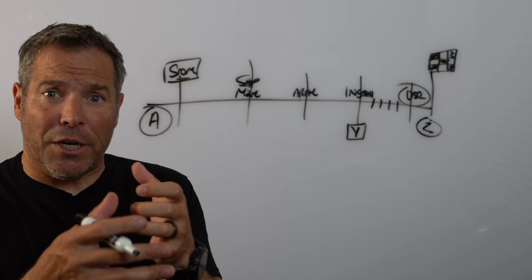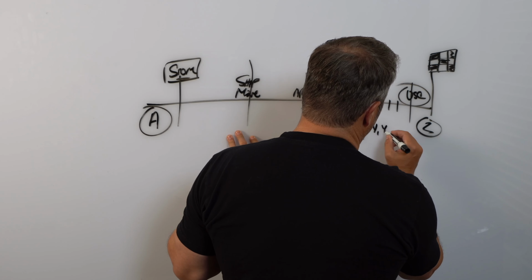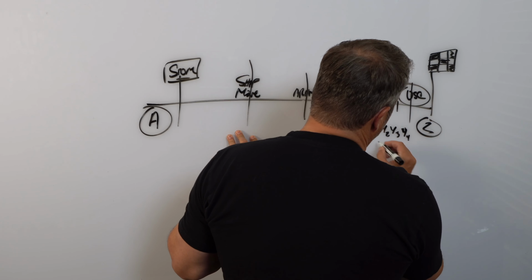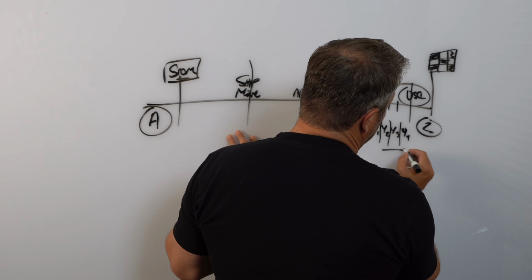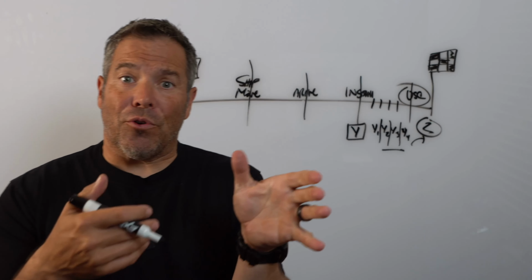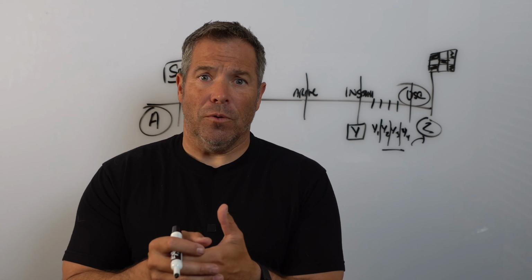What are some of the small incremental steps that you can put in place? Call it Y.1, Y.2, Y.3, maybe Y.4. Incremental steps that you can put in place that help you get to Z. You can design backward from those too. Identify where your conversion challenges are and solve for those.